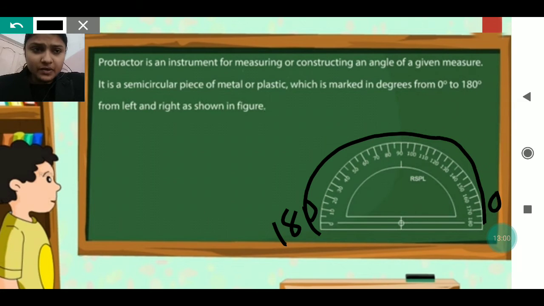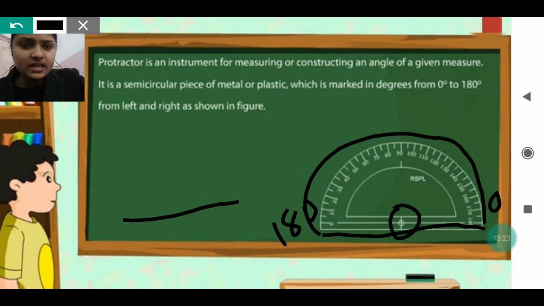And how do we measure? We keep the vertex on the center of the protractor, and then we measure the degree of the angle. We are measuring the degree of the angle with the help of the protractor, so we have to keep the middle one. This is the baseline of the protractor. The downside one is the baseline, my dear.